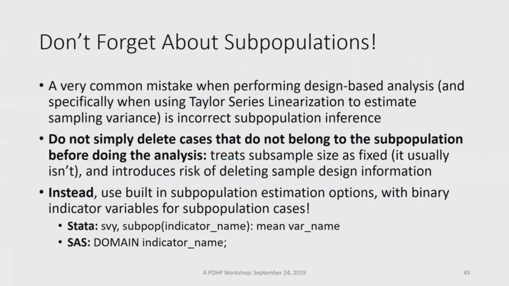So in Stata, for example, after you say SVY, you can add a comma and then use the subpop option. And in parentheses, what you put there is your binary variable, where 1 indicates cases in your subpopulation, a 0 indicates cases not in your subpopulation. That's it. That's all you have to do. Then Stata will process the entire data set, account for sampling zeros in the variance estimation, and give you appropriate standard errors.